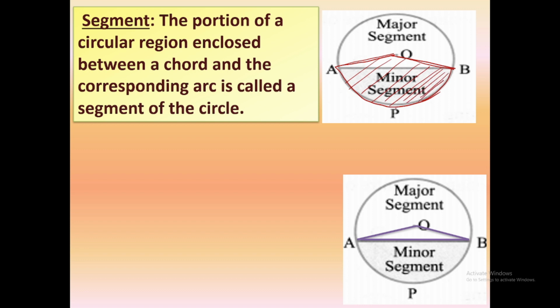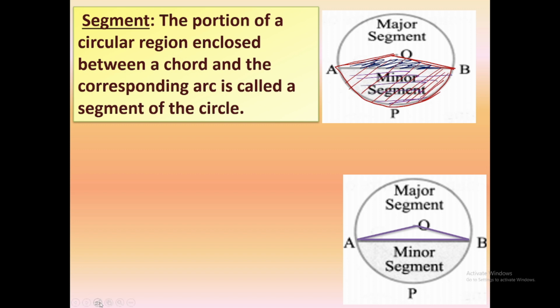From this area of the sector, if I subtract the area of this triangle, that is AOB, then we are left with the area of the minor segment.